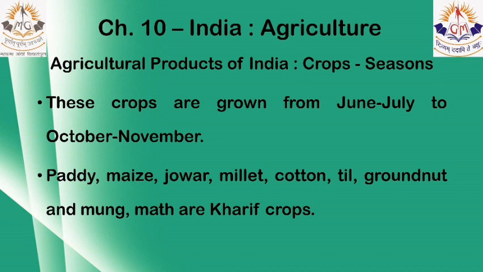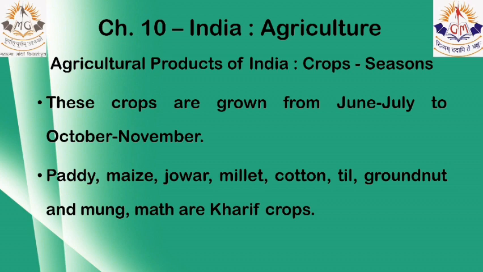The farmers start preparing the soil slowly, right from the month of April, May, they start tilling the soil, and when they know that after 10, 15, 20 days the rain is going to start, at that time they start sowing the seeds, burying the seeds deep in the soil, and then wait for the rain to come.